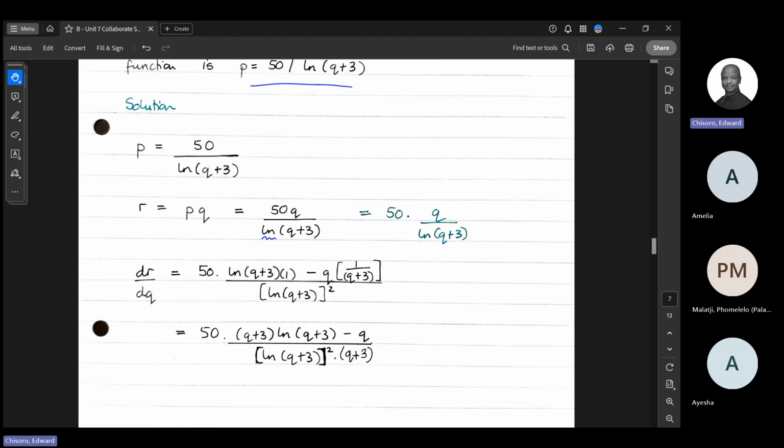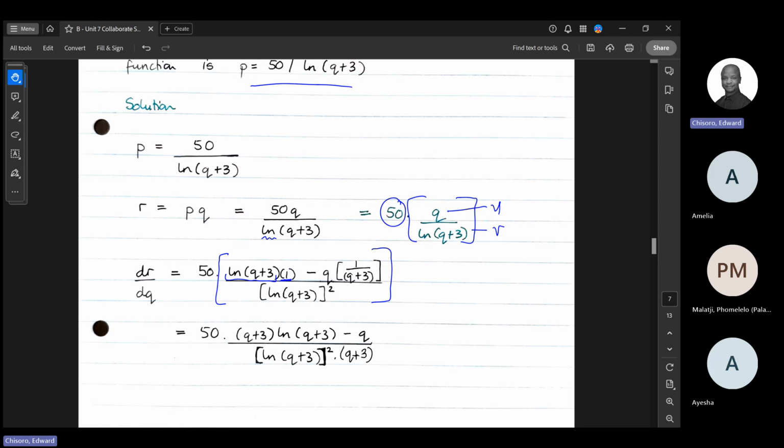If we use the log rule, I just rewrote this to take the constant outside so that we don't need to carry the 50 everywhere we go. We'll get the same solution if we kept the numerator as 50q, okay? So the 50 is outside, and then we differentiate. This is our u, and that's our v. If you take v times u prime in the numerator, so that is v times u prime, if you differentiate q, you get 1, minus, and then you do u times v prime.